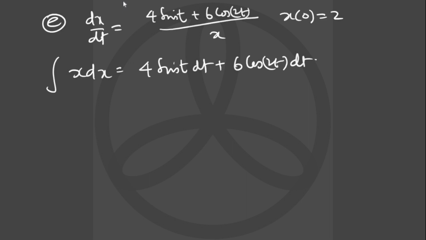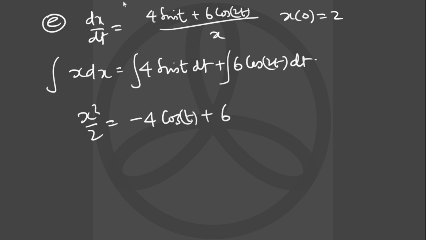We apply integration here, and this will be, 6 cos will give us a sine 2t, and then we will divide with the constant multiple of the variable, which will be 2 here, plus c.